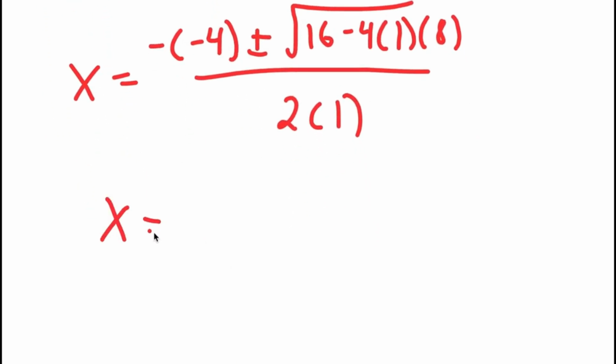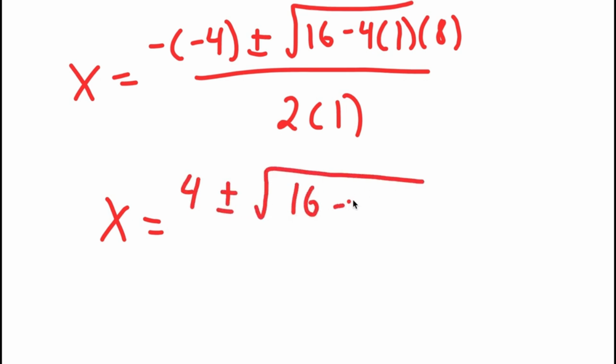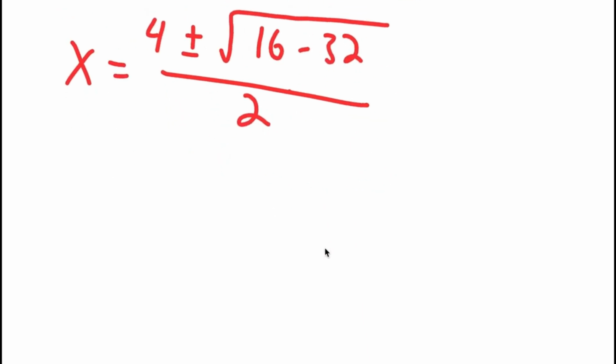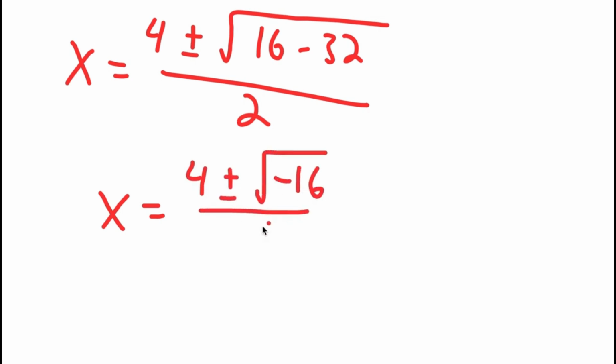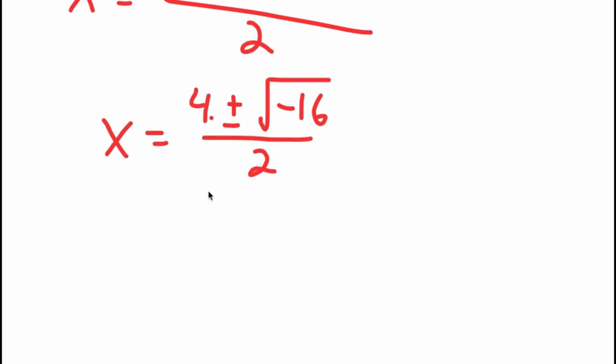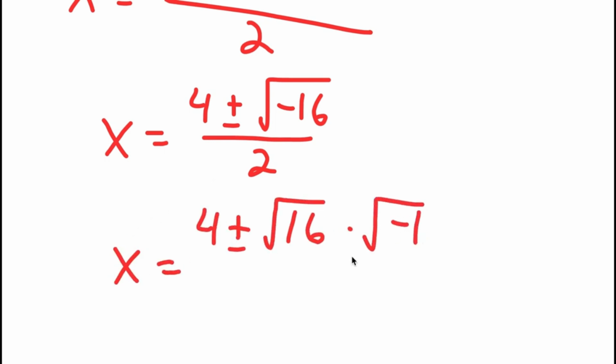And now this is equal to 4 plus or minus the square root of 16 minus 32 over 2, which is equal to 4 plus or minus the square root of negative 16 over 2. And now the square root of negative 16, that's the same thing as the square root of 16 times the square root of negative 1.